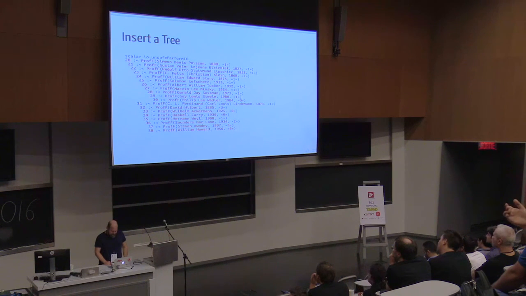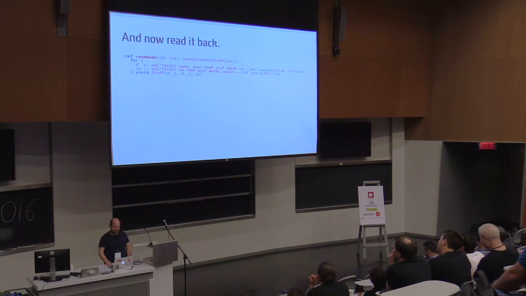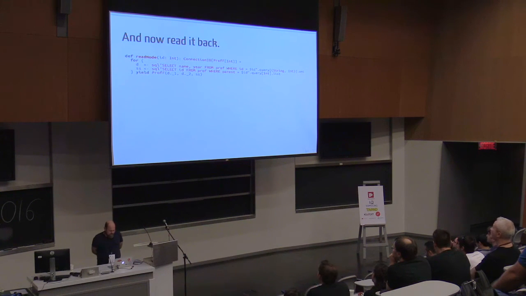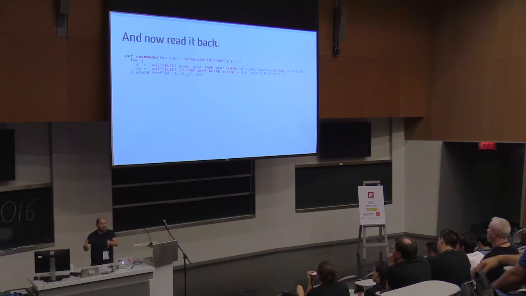Okay, so how do we read this tree back? So here is a method that constructs a program that goes out to the database and it computes a Prof of Int. Now, what does Prof of Int mean in this context? It's a Prof whose children are database IDs.